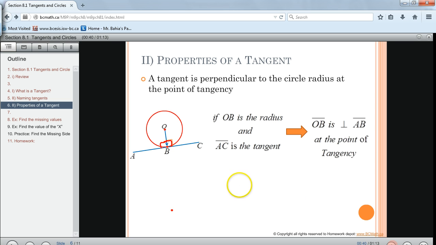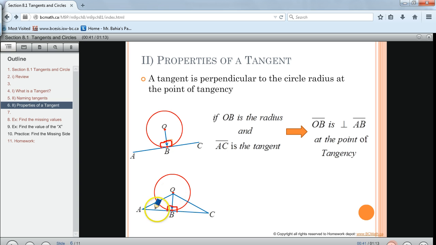At that point of tangency, and they drew it in the boxy thing, but whatever. Here's another one. There's a tangent, there's a radius, and so if I were to make a triangle out of this, like that, what would we know about this triangle? Well, if that's a radius, that's a tangent, that means that's 90 degrees, that's 90 degrees. We've created a right angle triangle there.